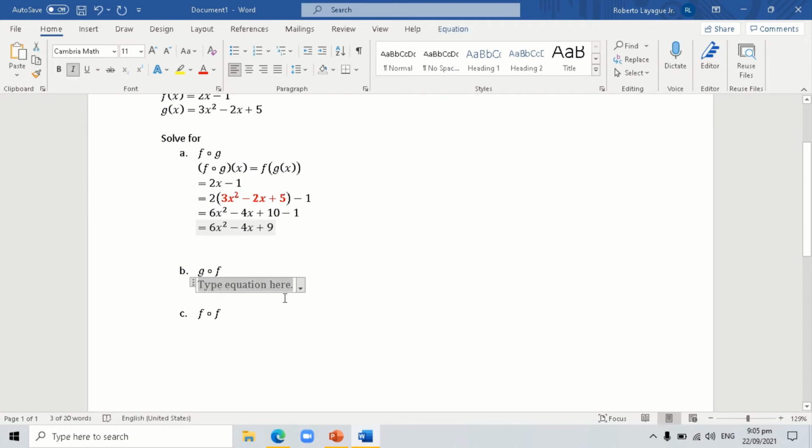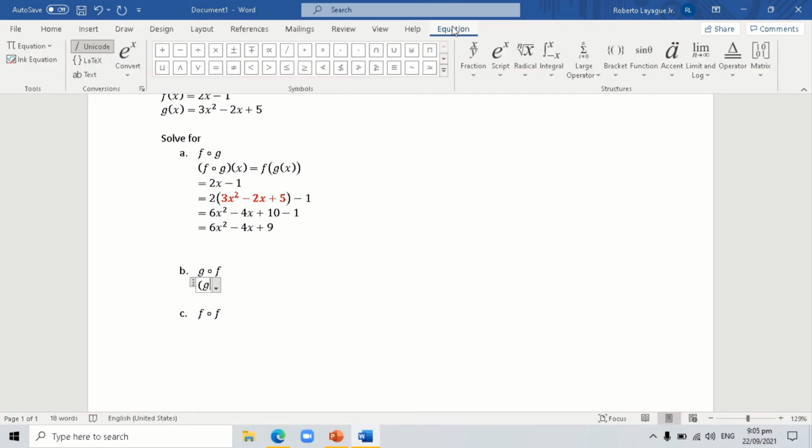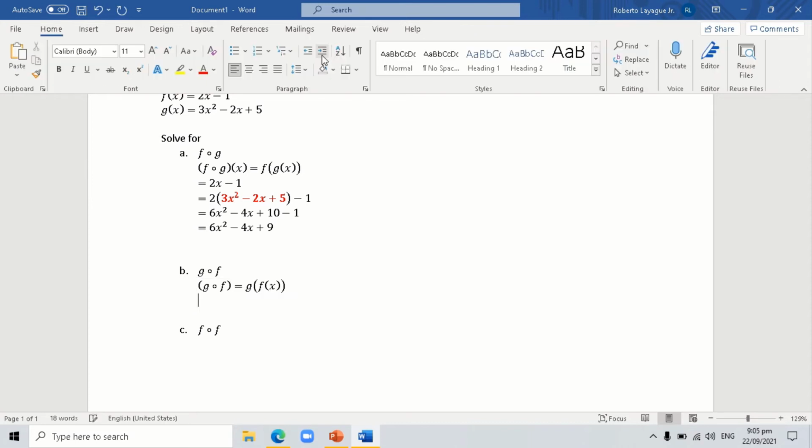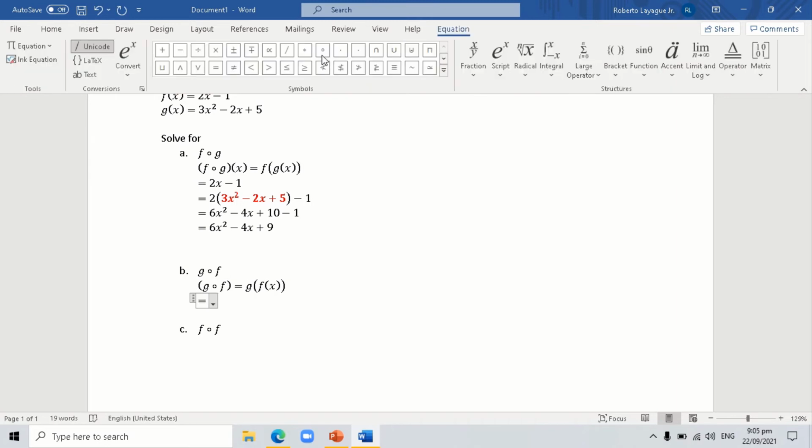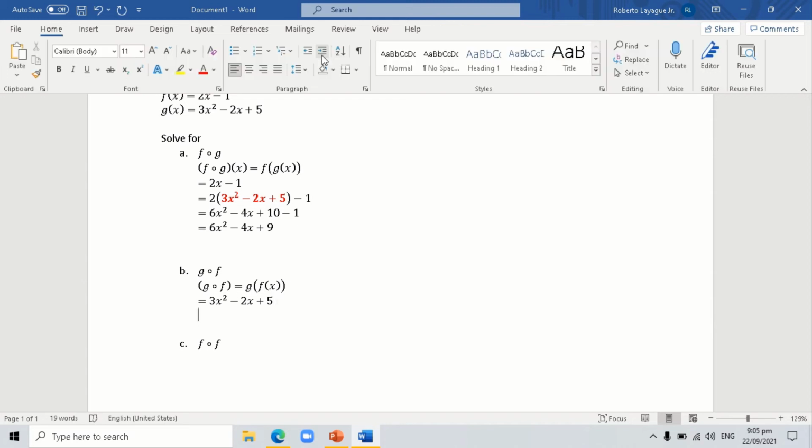So we have g circle of f. That leads us to this concept: g, then a function of f of x, and close. First, you get your g of x. Your g of x is 3x squared minus 2x plus 5. Am I right? So you put the value of f of x inside g of x.